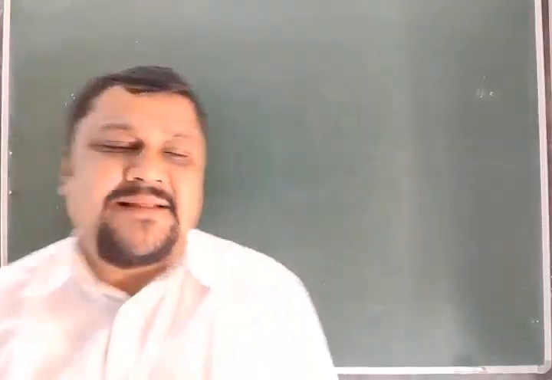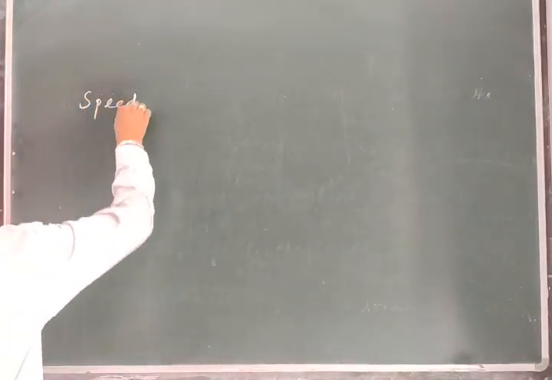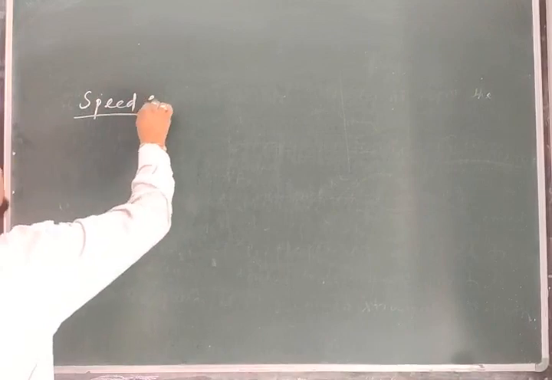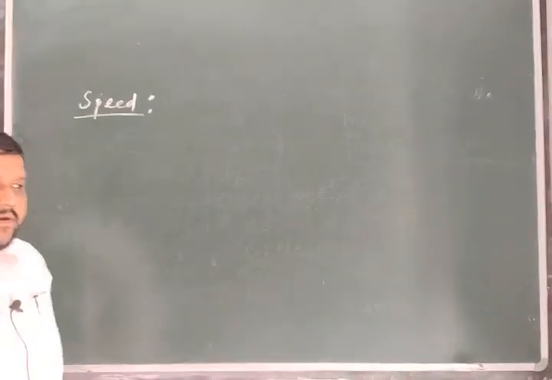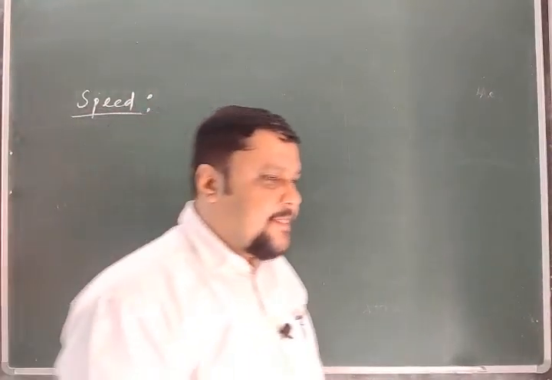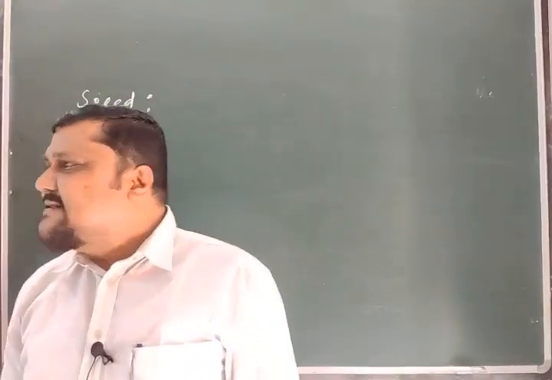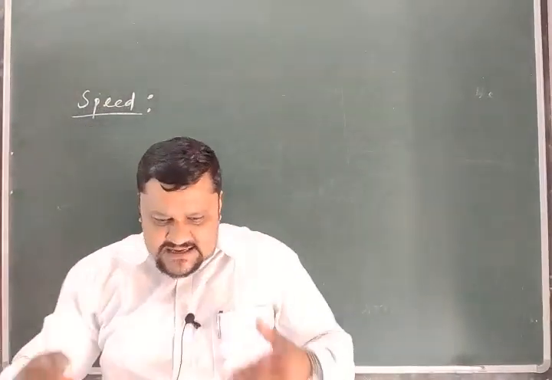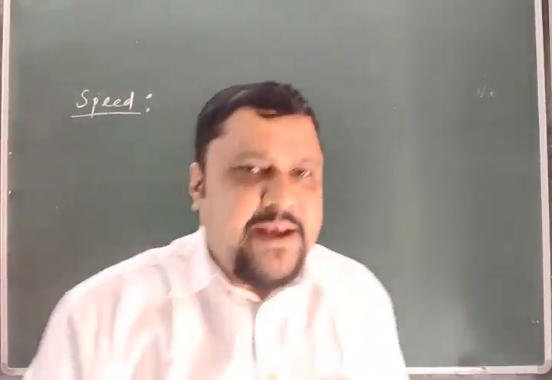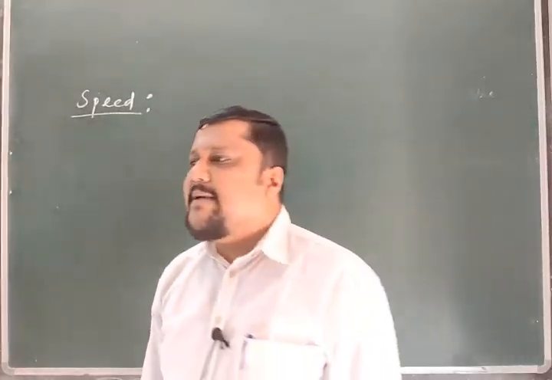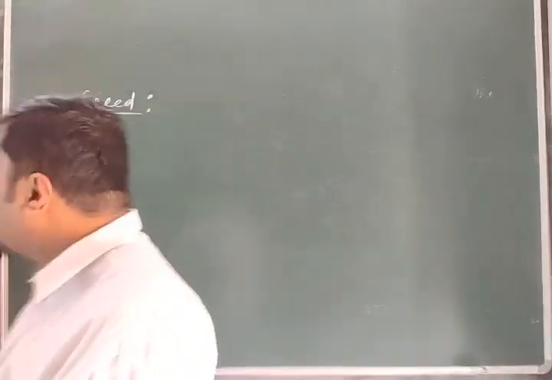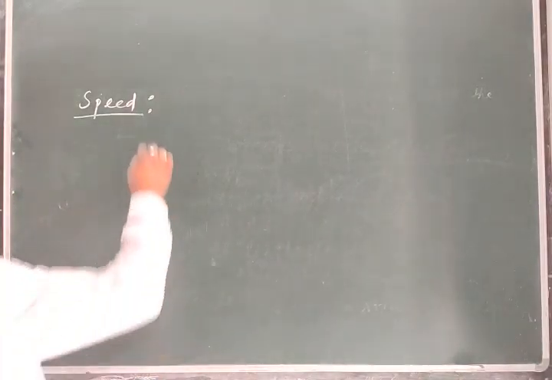Next we will go to another physical quantity associated with kinematics, that is speed. So what is the speed? Speed is how much distance is traveled by a body per unit time.